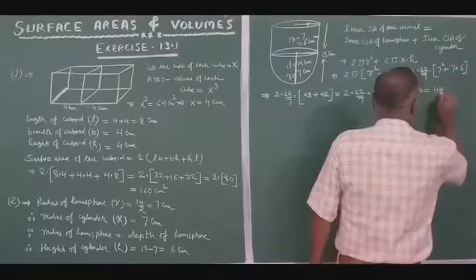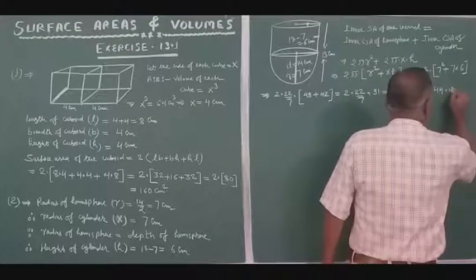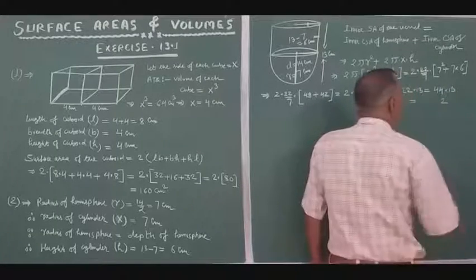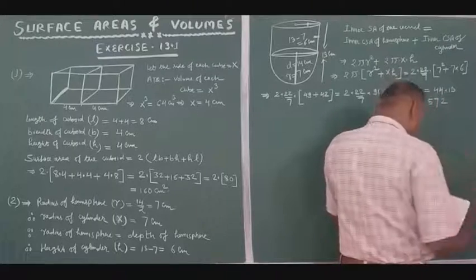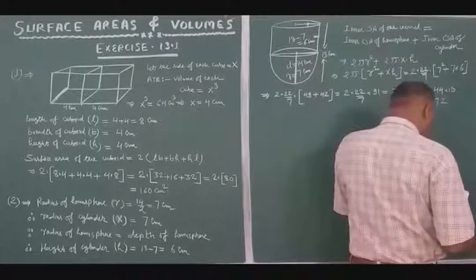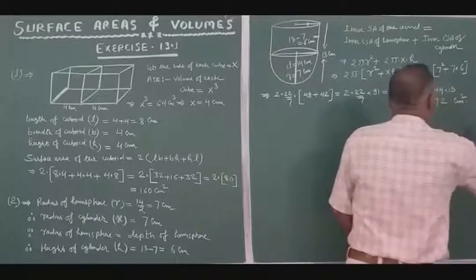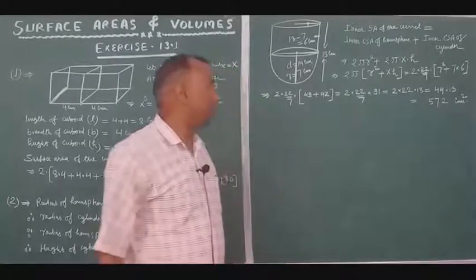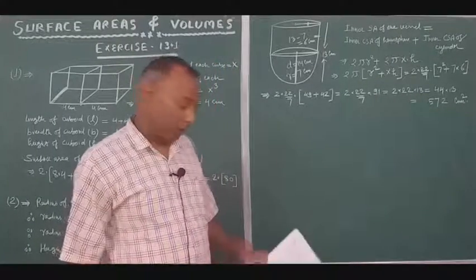Just multiply these two: 44 × 13, which is 572 centimeter square. So the inner surface area of the vessel is 572 centimeter square.